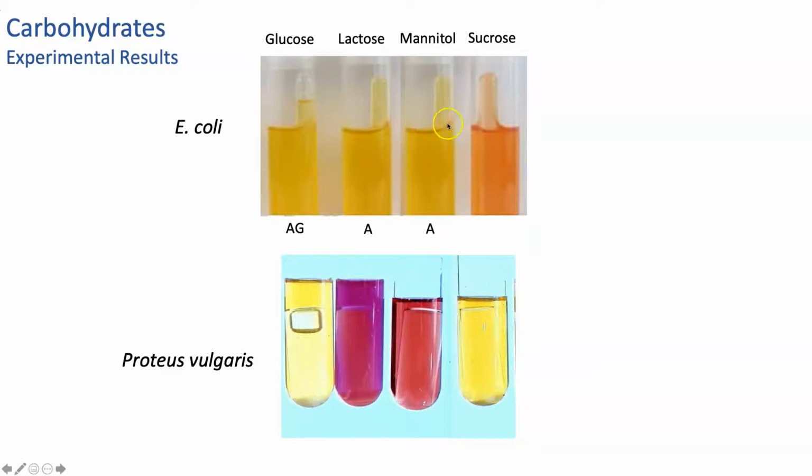Sorry, you cannot have a negative reaction if there is gas production. You can have a positive with gas or without gas. But can you have a negative reaction with gas?